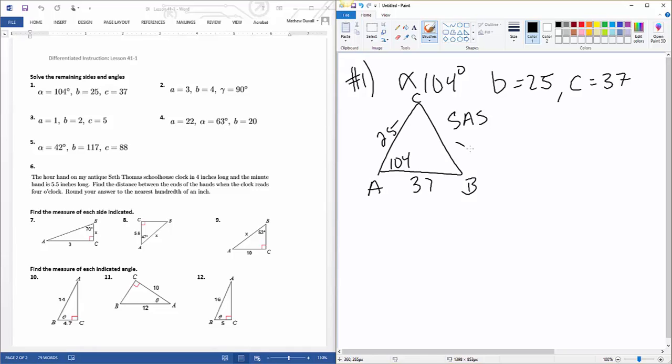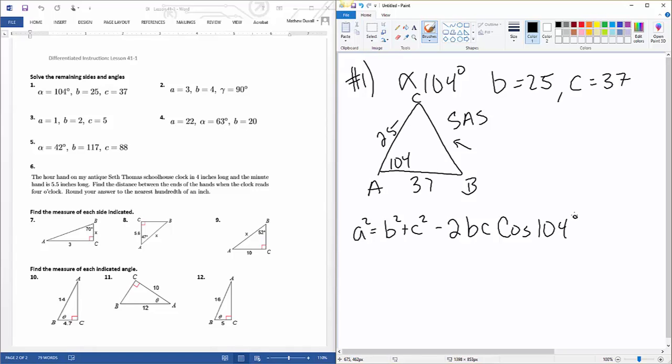And so the first value that I'm going to be able to find here is going to be A. It's always going to be, in this instance, opposite of the angle. And so that's going to be A squared equals B squared plus C squared minus 2BC, and then it's cosine of the given angle. So in this case, 104 degrees.